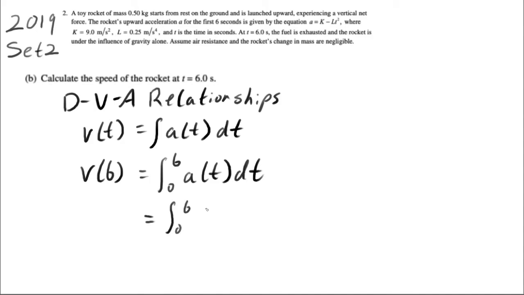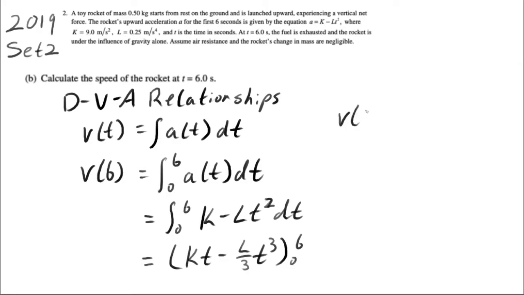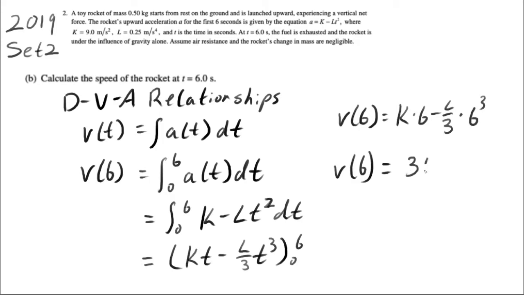So you should plug in the equation that you got from the question and integrate. Make sure to keep the limits of integration in mind because those are important to solving the question. We have values of k, we have values of t, so you can plug all the values in to find out that velocity at t equals 6 seconds is 36, and since we're using SI units, it's meters per second. And that is your answer for part B.